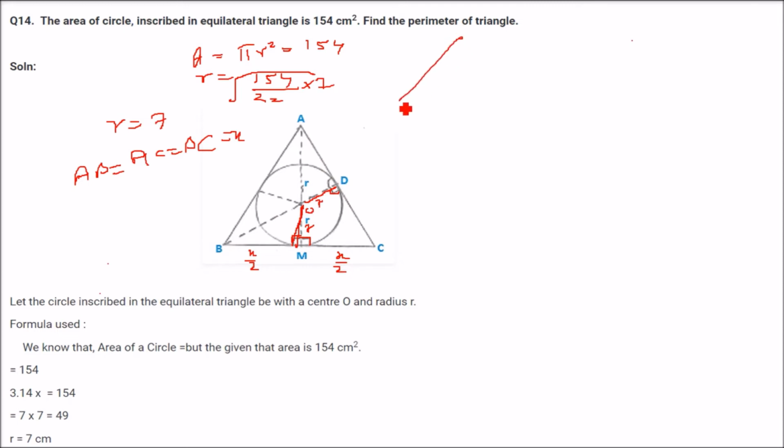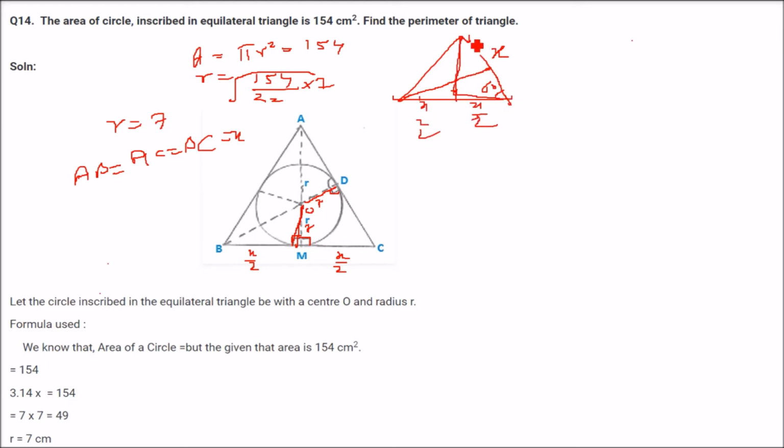I'll just show you. I have to find this length. So I'll just take this triangle. This is 60 degree. Say the side is x. So this will be x by 2, as I just suggested, it will be half of this. This will also be x by 2.